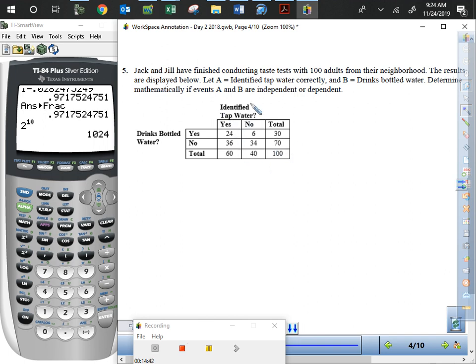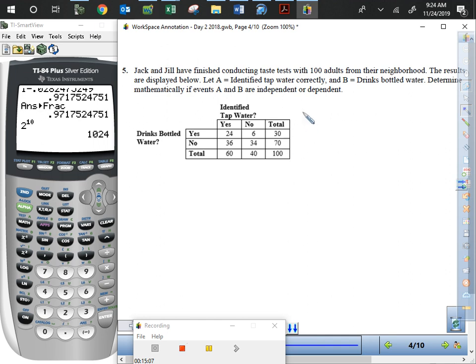Similarly, identified tap water: the yes was 24 and the no was 36 out of those first people. And then over here, the no's for identifying tap water, 6 for those drinking bottled water, and 34 for not. 60-40 making 100. Over here, 37 making 100.